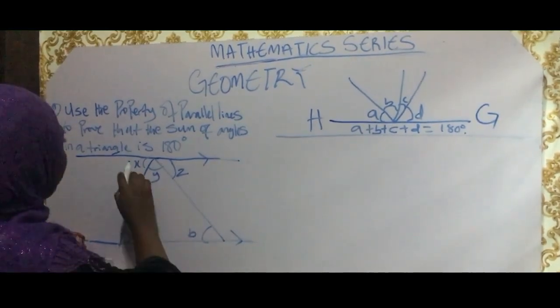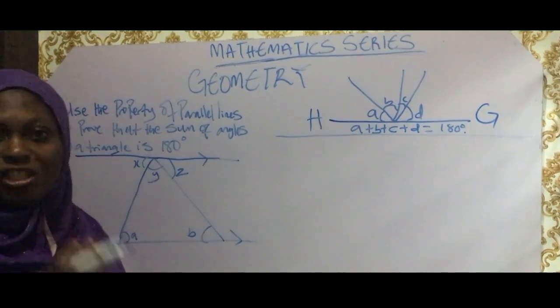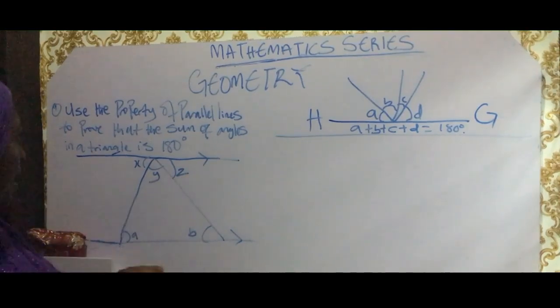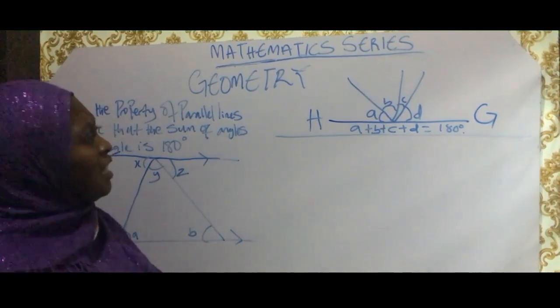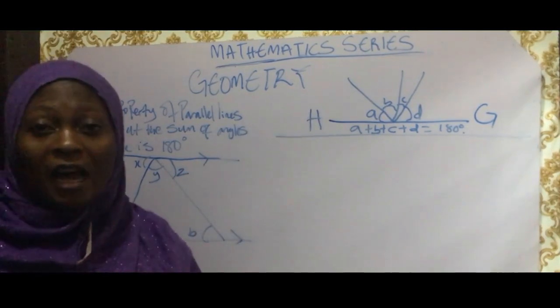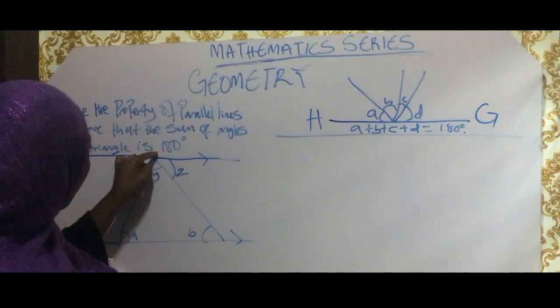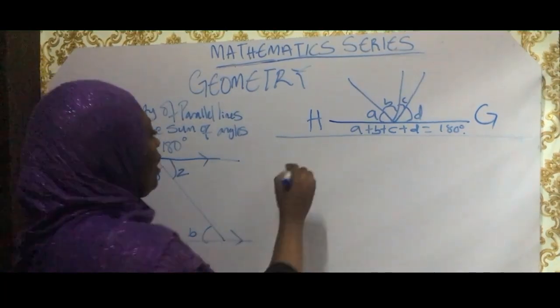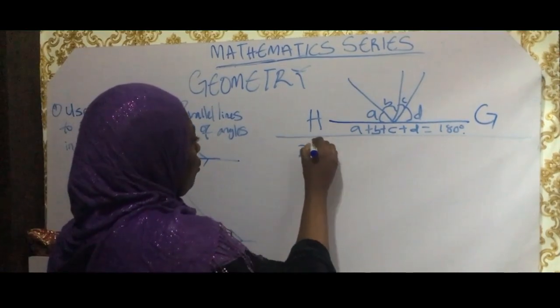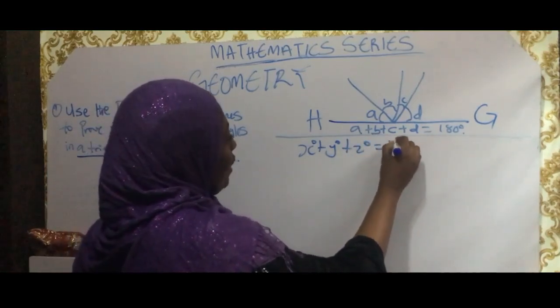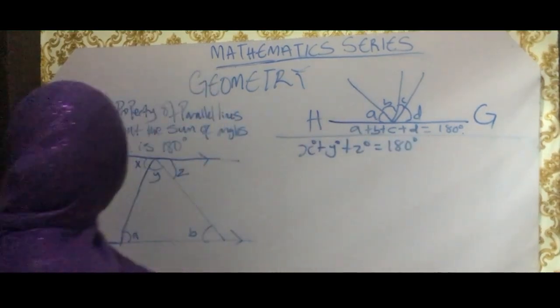Now, on this parallel line, which is a straight line, we have angle X, angle Y, and angle Z. And we have learned that angles on a straight line add up to 180 degrees. So it simply means angle X, Y, and Z will add up to 180. So angle X plus angle Y plus angle Z equals 180 degrees.